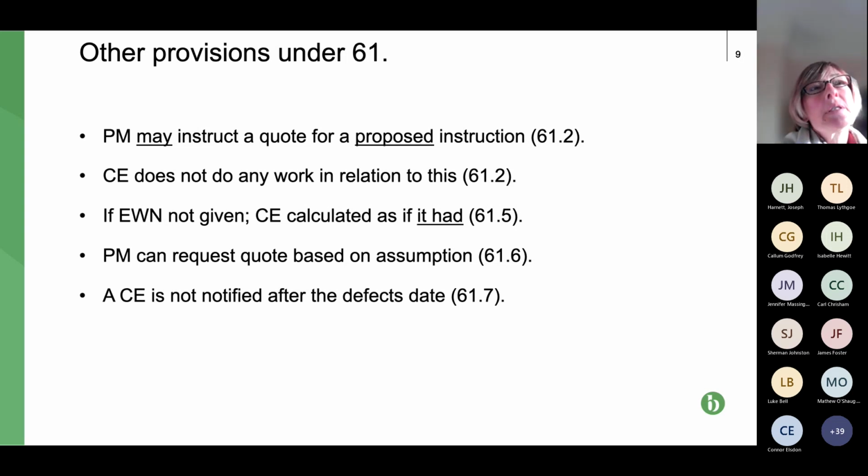So, if you're in a situation where you think the project manager could have, should have, but didn't issue an early warning notice at a certain time, possibly they issued it late or not at all, what you could do is issue a notice of a compensation event on the basis of project manager's breach of contract. Whether there'd be any cost attached to it is another matter.